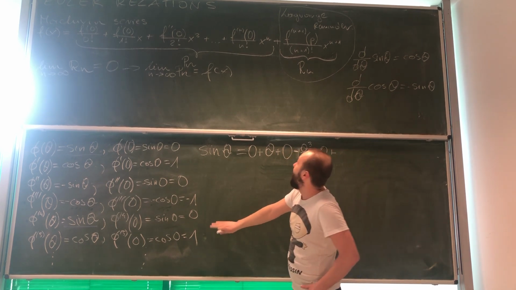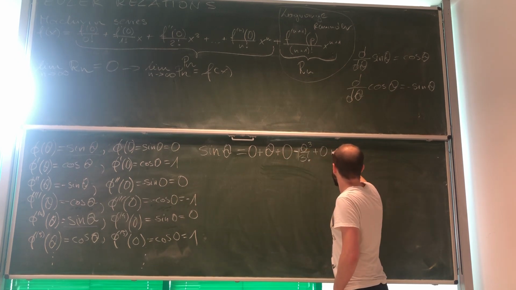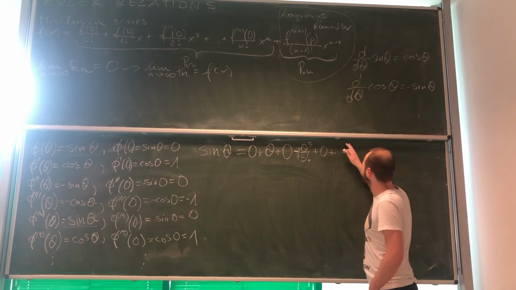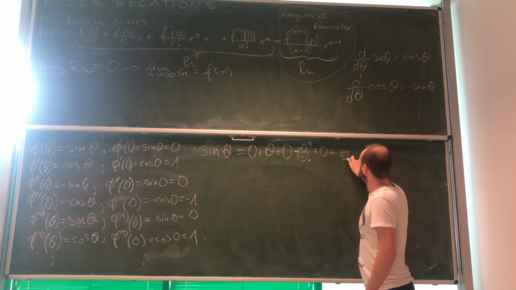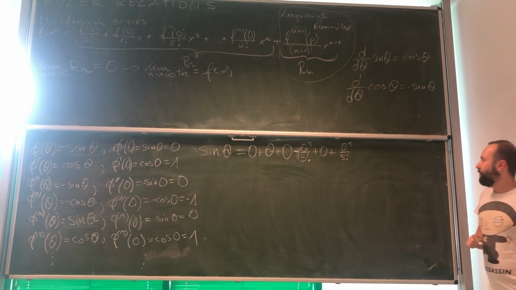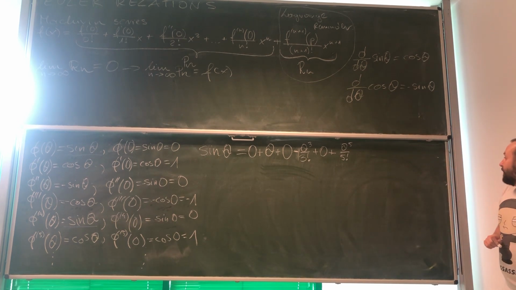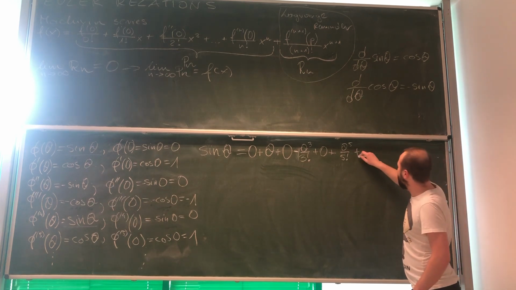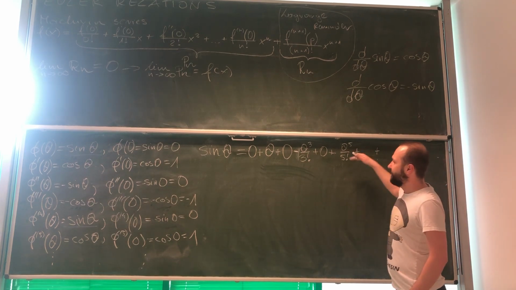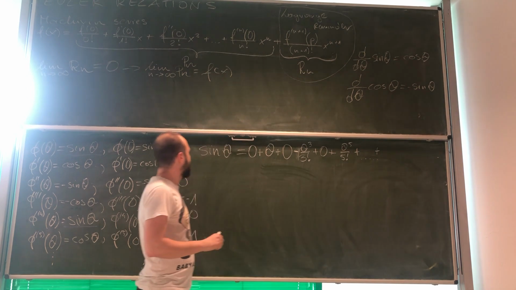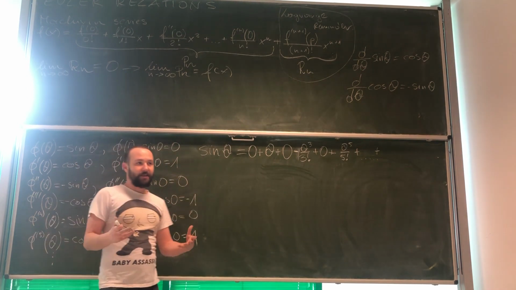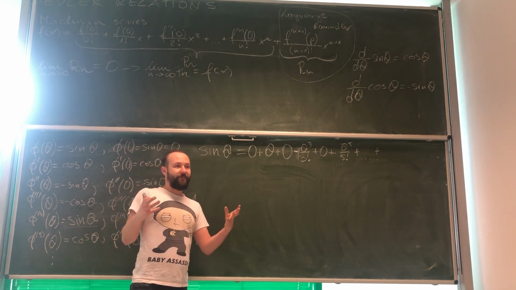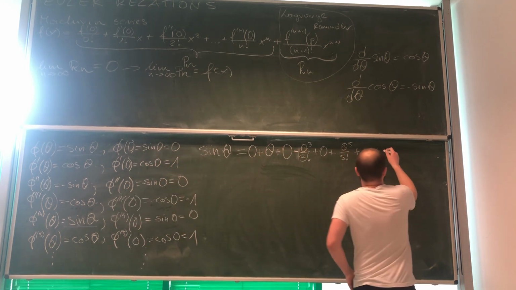So now we've got 1 divided by 5 factorial, and of course theta to the power of 5. Okay, and I hope you can see that this pattern continues, and at the end, we're going to have the Lagrange remainder.